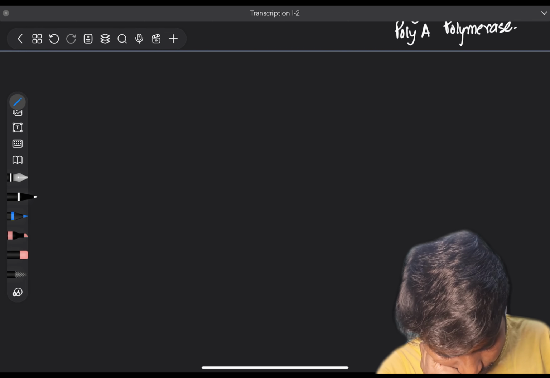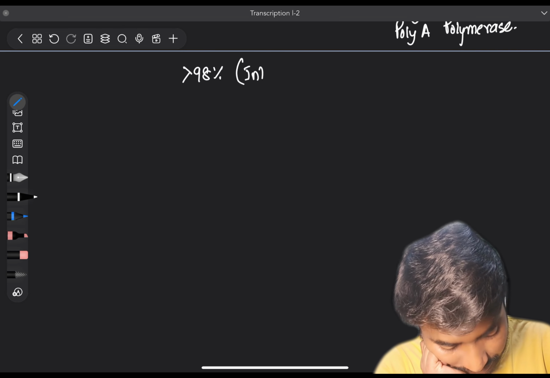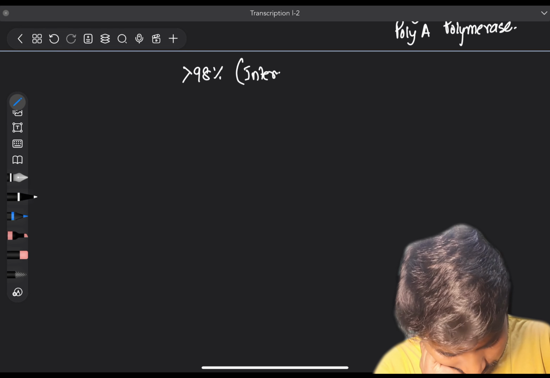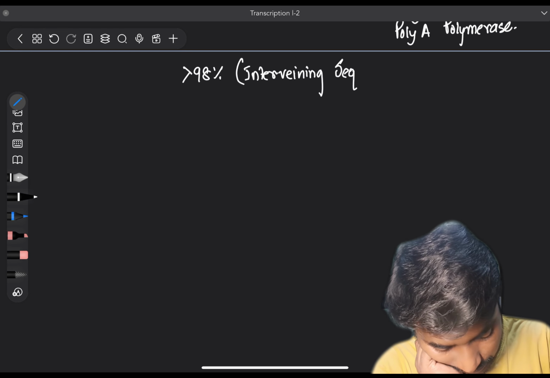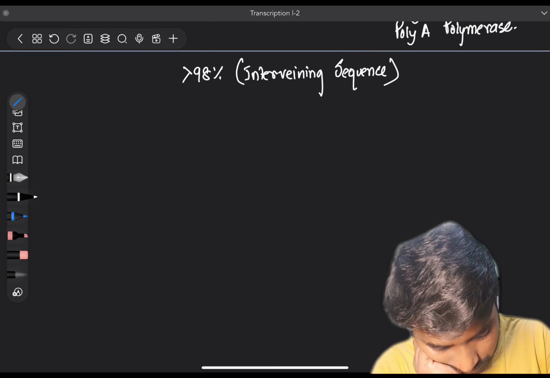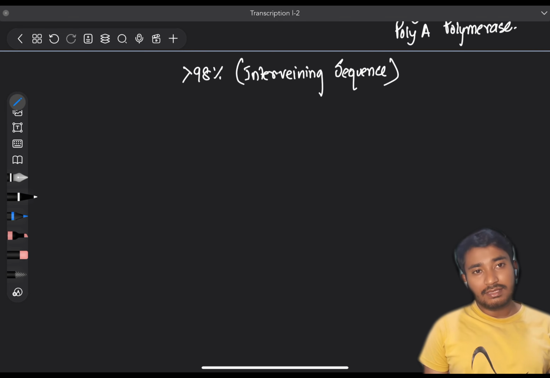Now what happens? It is 98% intervening sequence. I means intron and E means exon.